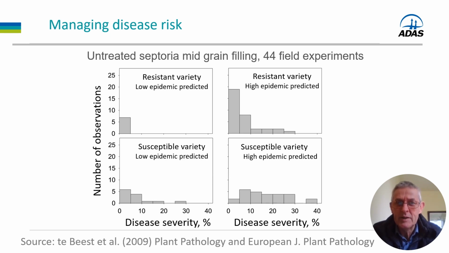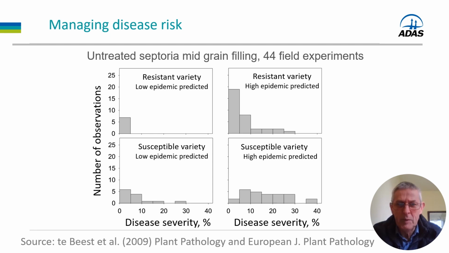For those sites that we predicted the risk of a damaging epidemic, we can see that in fact there were some cases where there wasn't a damaging epidemic, but also cases where there were. So the prediction is not perfect. But the important thing was there were relatively few false negatives where on a resistant variety we predicted the absence of a damaging epidemic, but there in fact was.